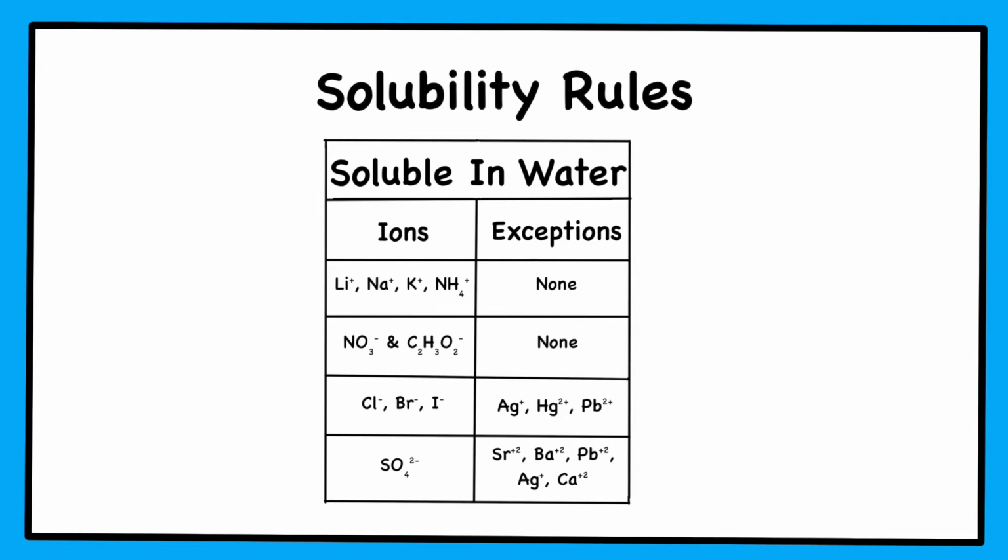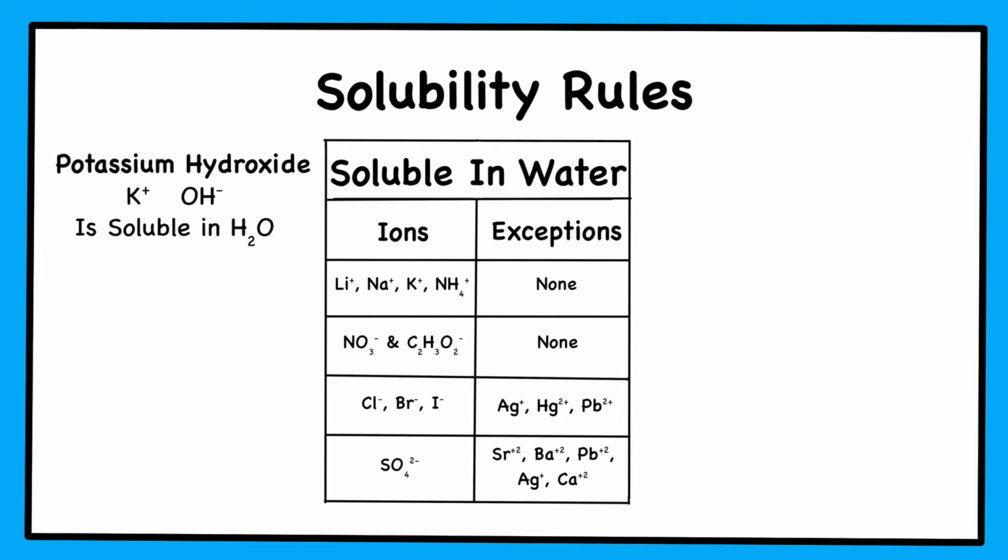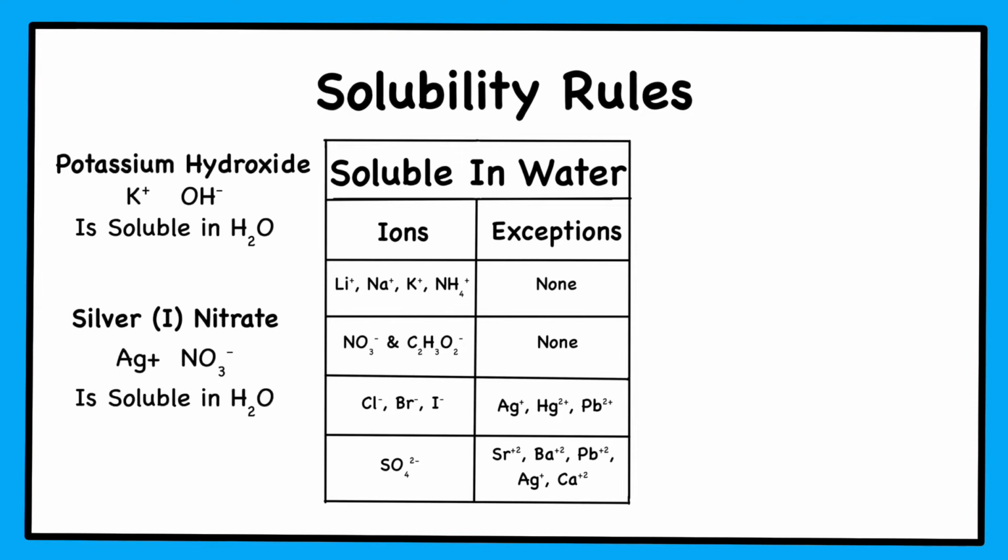So, if I have a compound of potassium hydroxide or KOH, it can dissolve into the potassium plus cation and the hydroxide minus anion, which is because the potassium cation can dissolve in water. Going back to our silver 1 nitrate illustration, the reason it's soluble in water is because it can break into Ag plus cations and NO3 minus anions, and according to our rules, NO3 minus is always soluble in water.